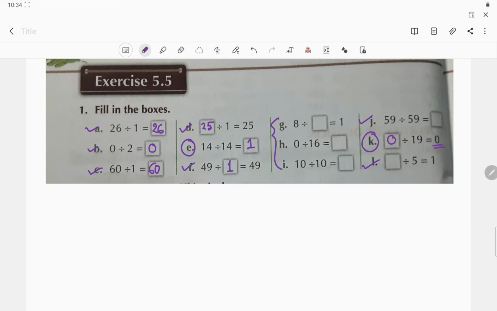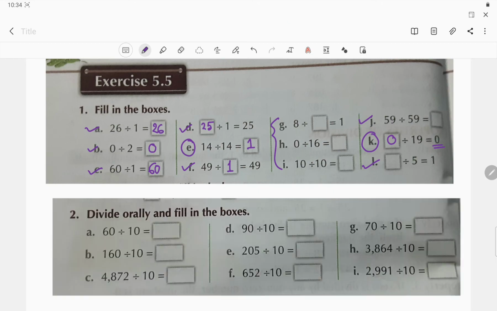Okay, now I'm going to the next portion, question number 2. Divide orally and fill in the boxes. 60 divided by 10. So what will be your quotient? 10 6s are 60. So here it will come 6. Or you can say, when you are dividing by 10, the digit in the ones place will be the remainder.